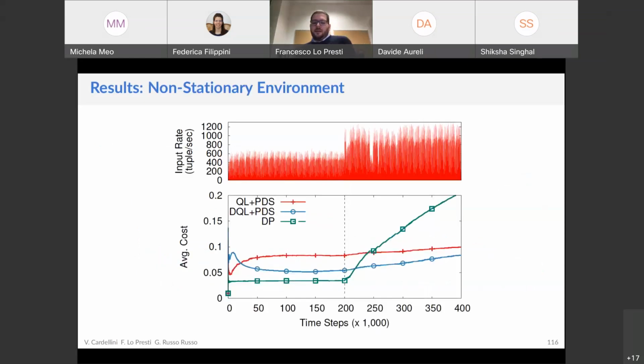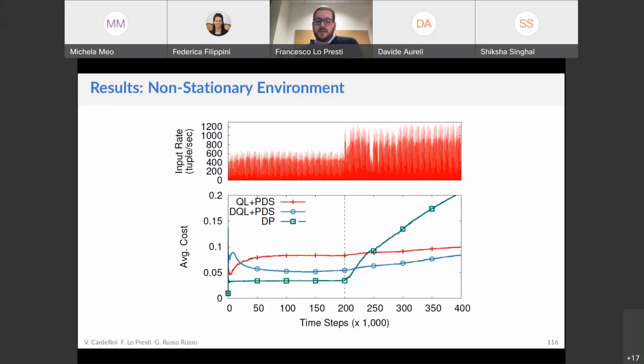Another example we can consider is what happens if there is something that is non-stationary in our environment. So for instance, what happens if the application workload suddenly changes at some point? So in this simulation, we suddenly modify the application workload after the first half of the simulation.